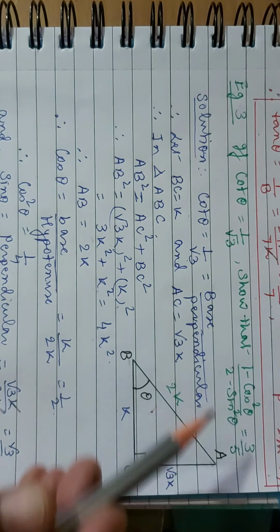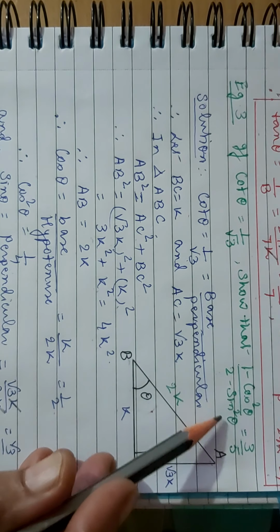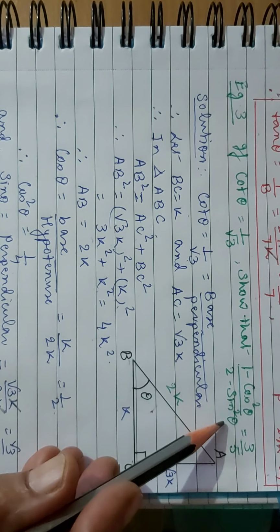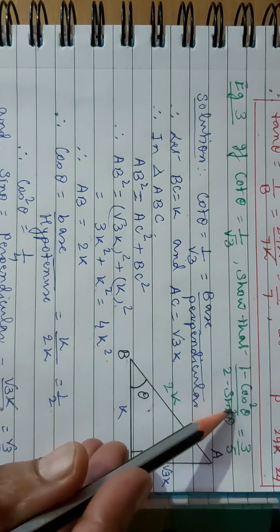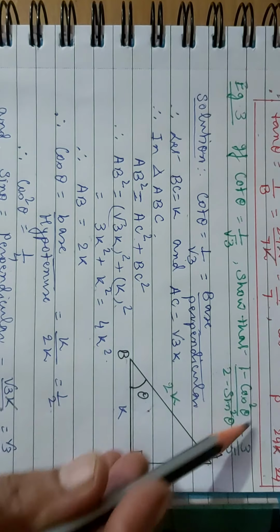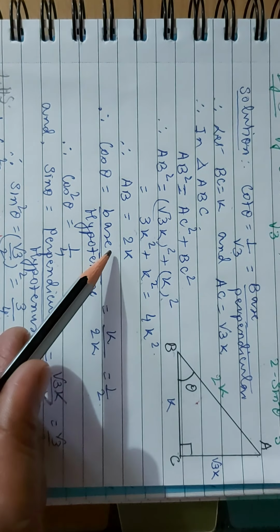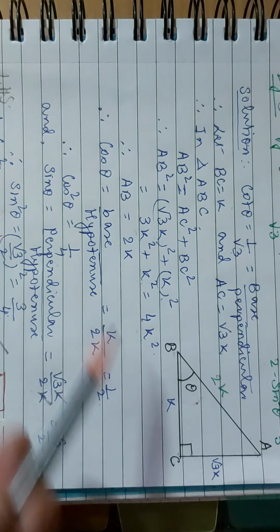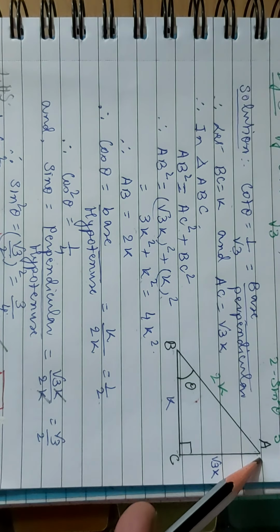Now we have to find the value of 1 minus cos square theta divided by 2 minus sin square theta. So we'll find the value of cos theta and sin theta and put them in this expression. Now see here, cos theta is base upon hypotenuse. Base is k and hypotenuse is 2k.